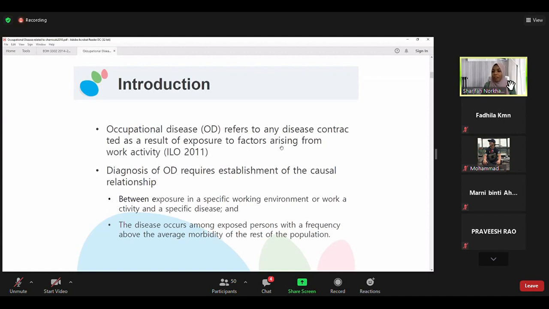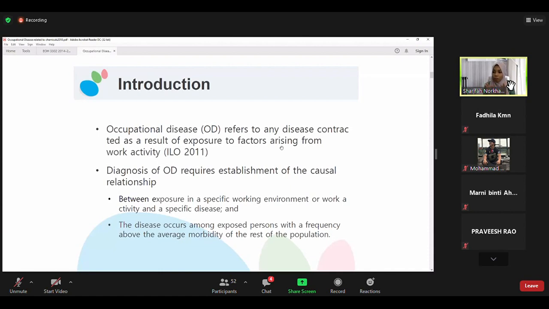So its definition is straight to the point, direct. Whatever contact or exposure that you get in your workplace that creates disease, we call it occupational disease. But it is very difficult to diagnose some diseases as occupational disease, because there are lots of factors that influence the disease.